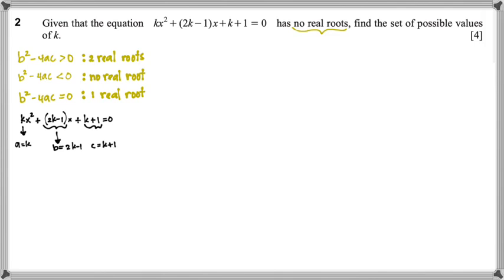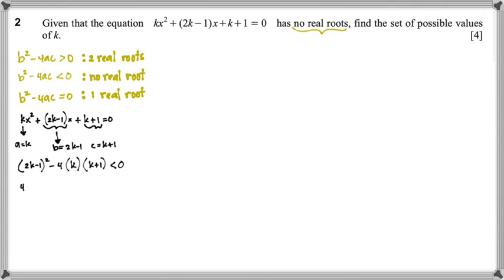Now we just need to plug in these values in our discriminant. And it has to be less than 0. Okay, less than 0. So we can get b squared. So (2k minus 1) squared minus 4 multiplied to k for ac and times (k plus 1) is less than 0. Alright, now we expand.